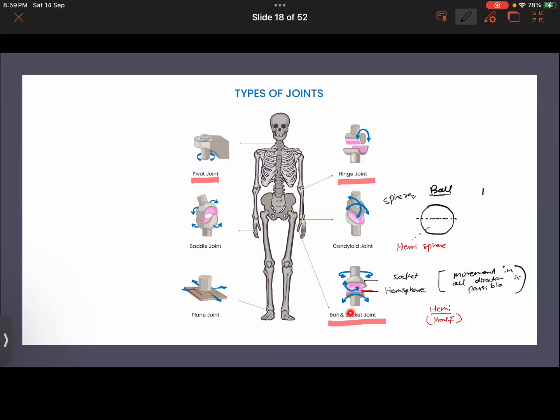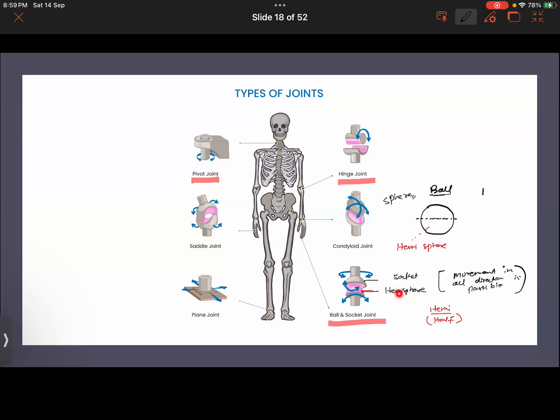So that is what a ball and socket joint is. One of the bones has a shape similar to a ball, a hemispherical ball-like structure. Another one is a socket in which it gets fitted, and movement will be possible in all the directions.